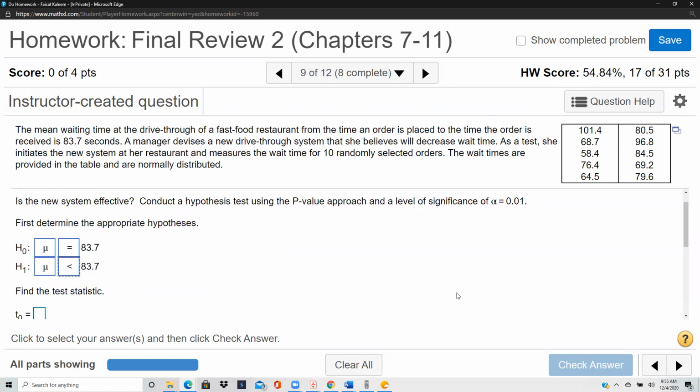Okay, how do we find the test statistic? First, we'll open this data in StatCrunch.